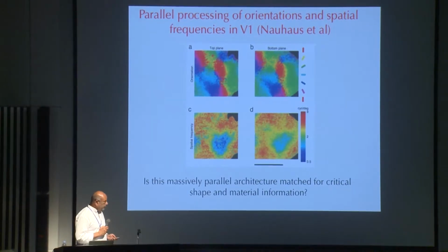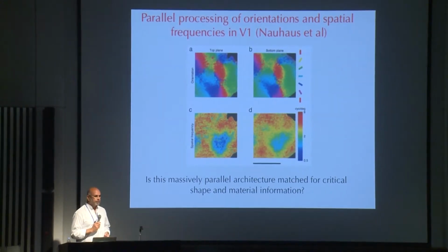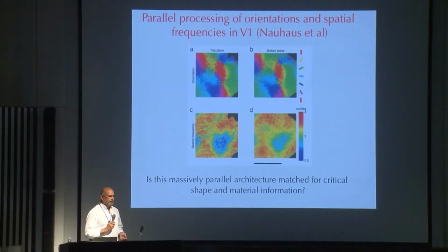I want to take one interesting case which we have known for a very long time, that in primary visual cortex, orientations and spatial frequencies for every part of the retina are processed in parallel, lots of orientations, lots of spatial frequencies. And the straw man that I would use is that in most decoding models, people are trying to get one edge out or one orientation out.